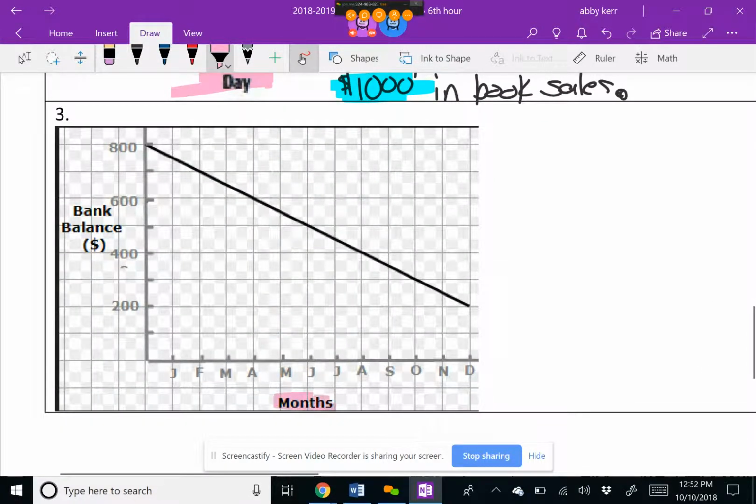And those are the letters of the month. So January is our first month, February, second, so on and so forth. So there's actually numbers there. They just didn't write it. And then if you look at our y-axis, we're actually counting by 100. So if you want, fill it in.